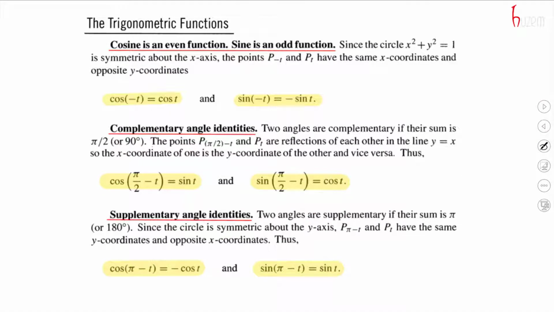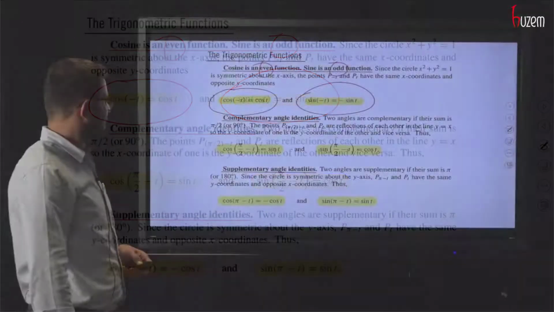Let's also talk about some identification of the functions. The cosine function is an even function, and the sine function is an odd function. What are even and odd functions?